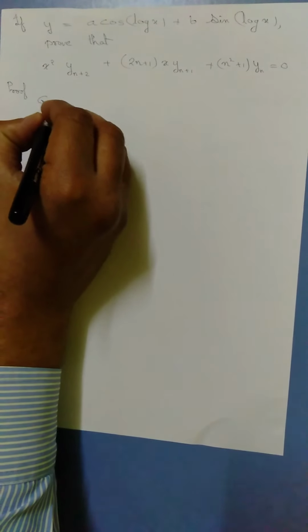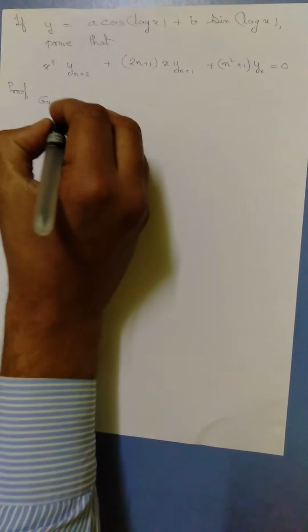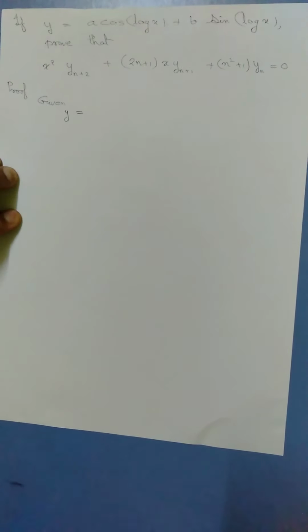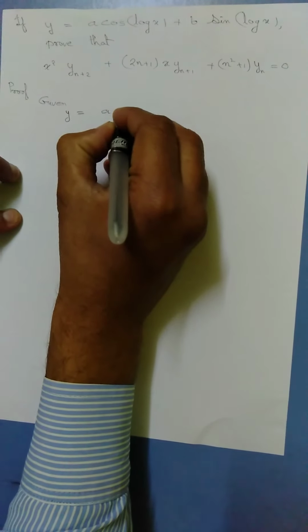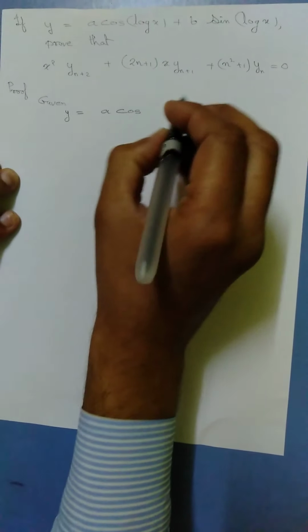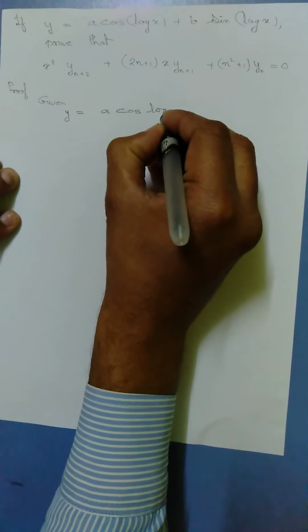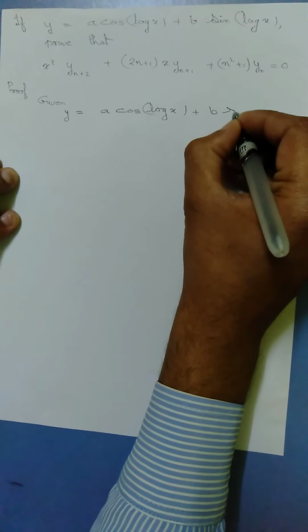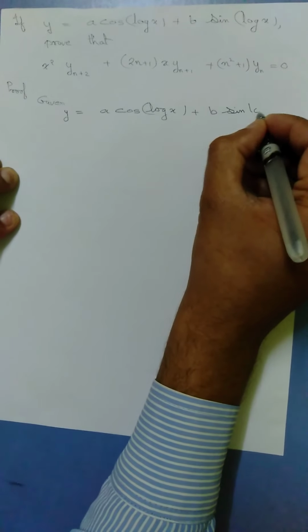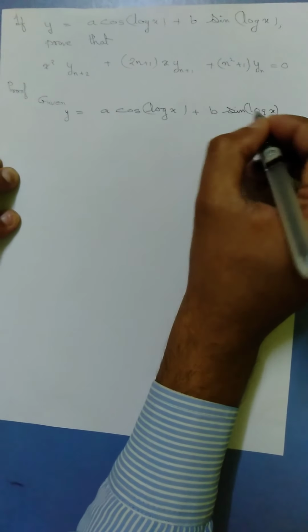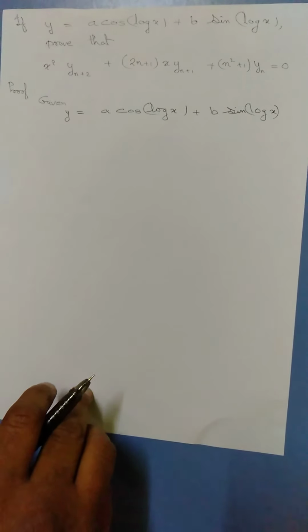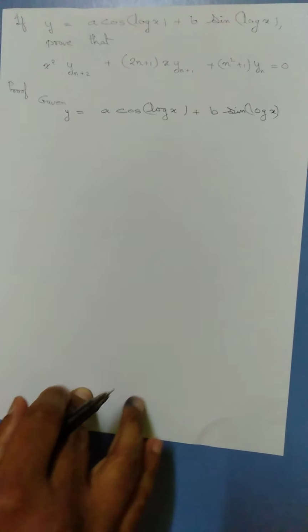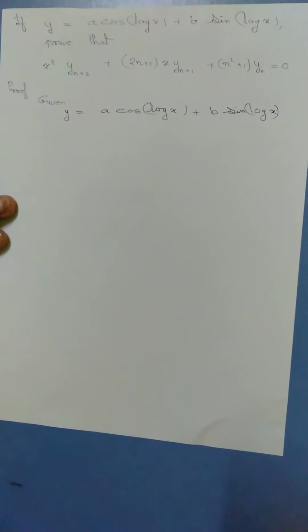We are given y equal to a cos log x plus b sine log x. Then what can you say about dy by dx?